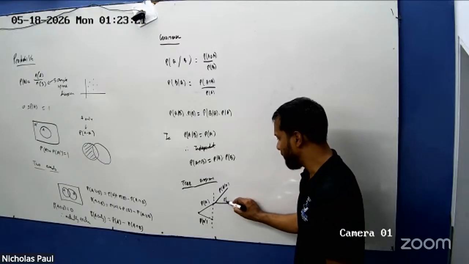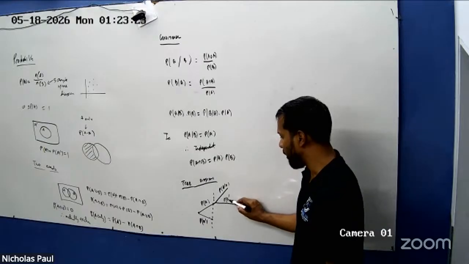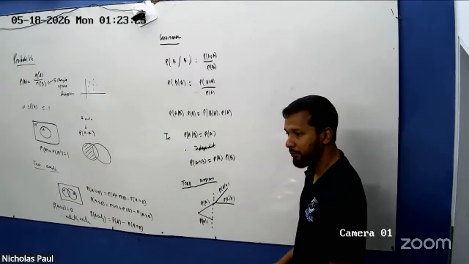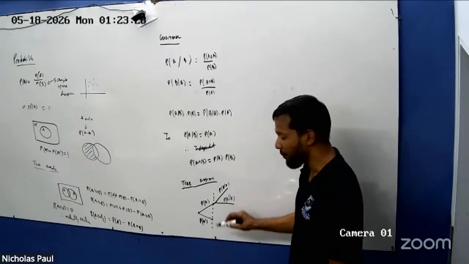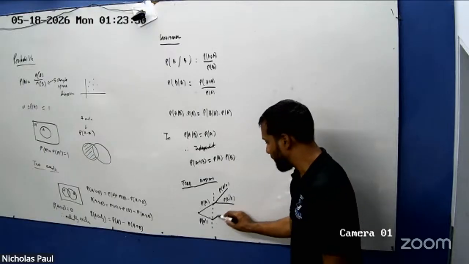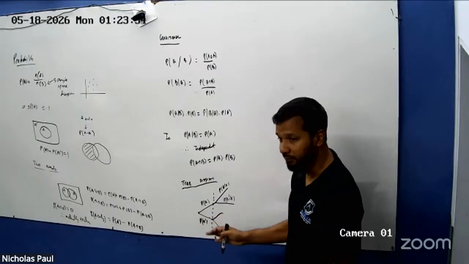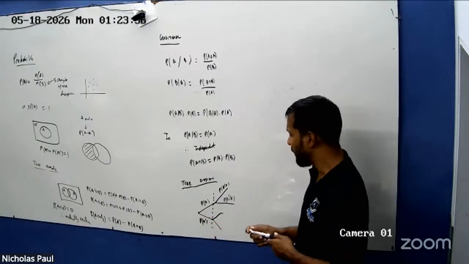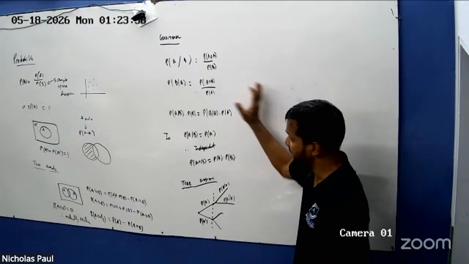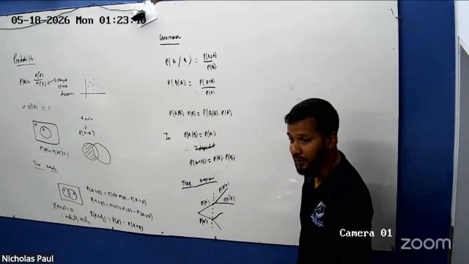This one here is the probability of B not happening given that A happened. From every node, remember, it sums to 1. From this node too, it sums to 1. If you have three events, same thing. Every node must sum to 1. So these are the things that you need to remember about probability.